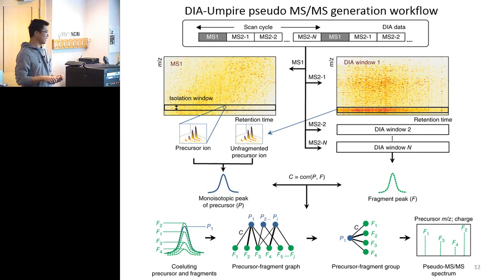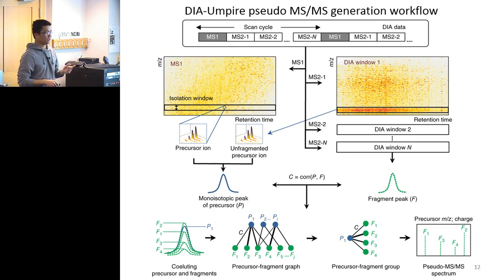Once we have that, we can do some filtering to select, for this precursor, the fragments that are highly correlated. Then we can generate a pseudo MS spectrum, because for all those fragments we know the m/z, we know the retention time, and we know the intensity, like the peak height at the apex here.